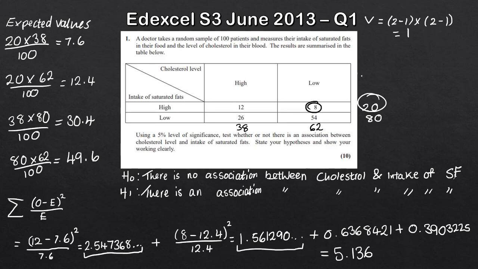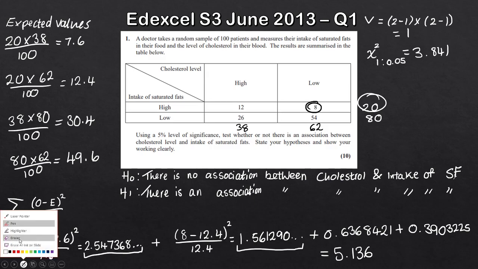And finally, all we need is our chi-squared value. So we're looking for the chi-squared value with 1 degree of freedom, and our significance level is 5%. Okay, just using your formula book here to get this value, you should get 3.841. Okay, so if I just quickly rub this bit out here.